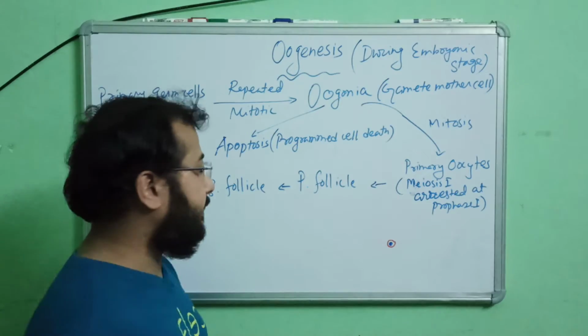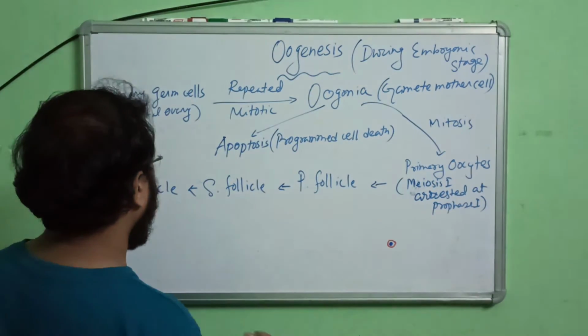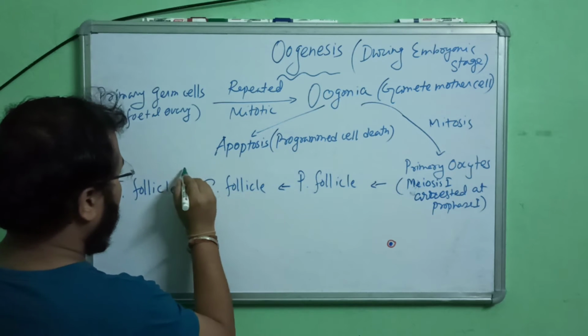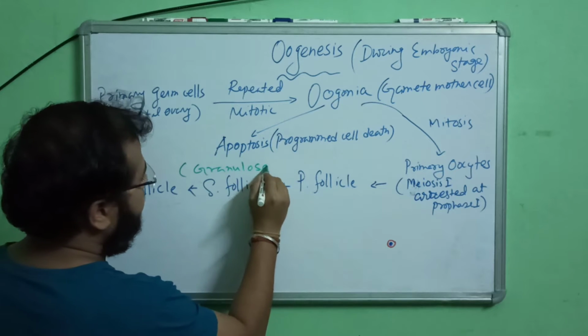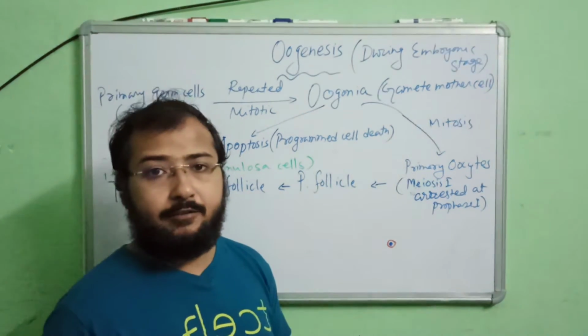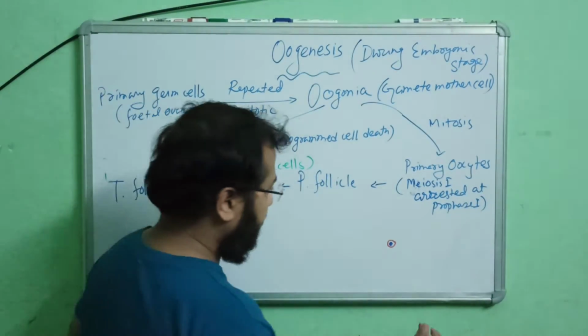Which cells are there? Granulosa cells. So let me mention here: granulosa cells lead to the development of the follicles, meaning layers.